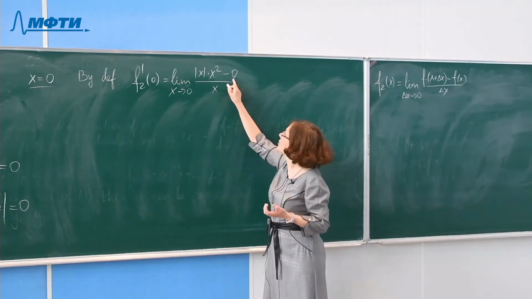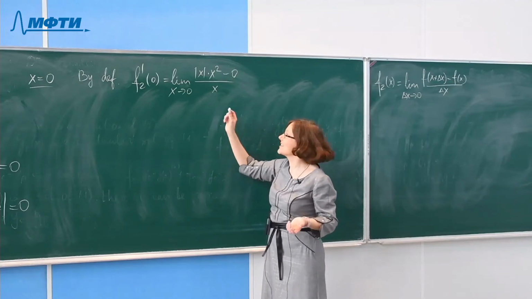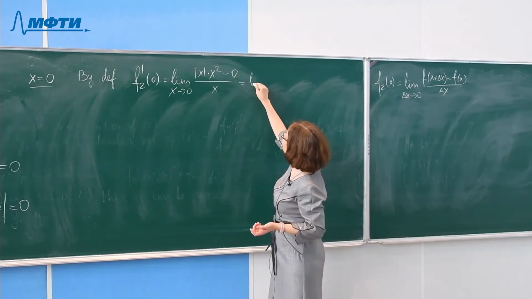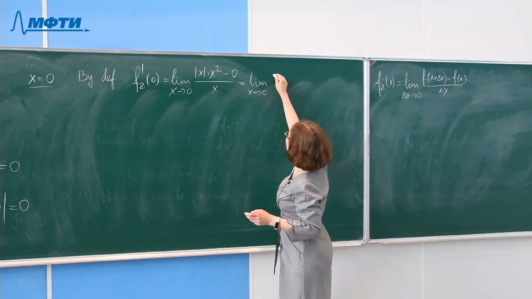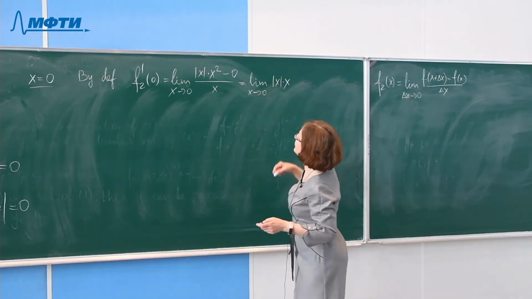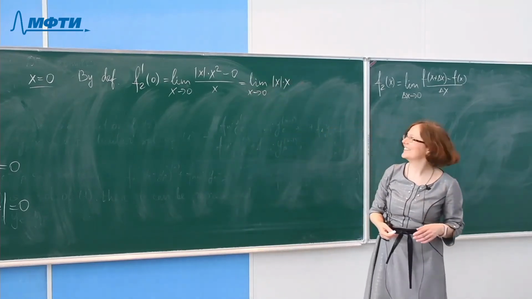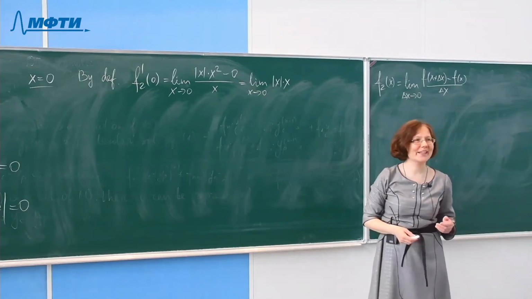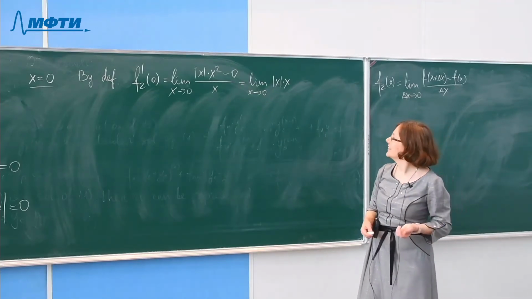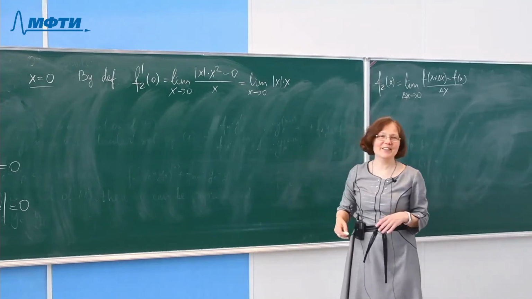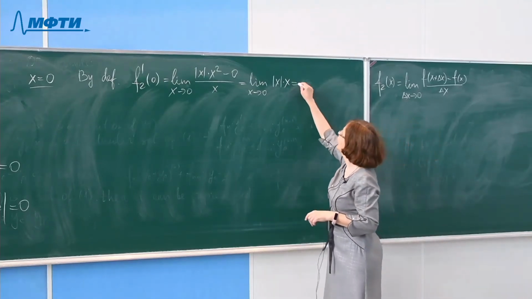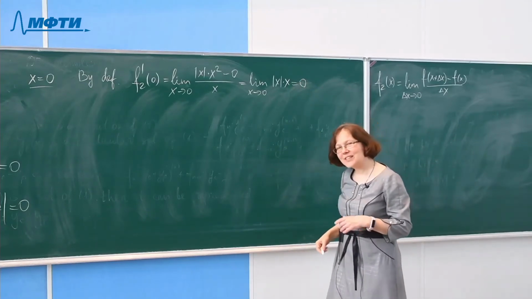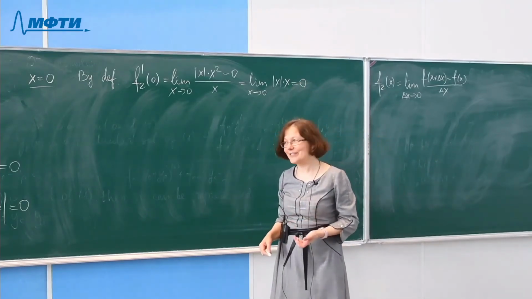Our initial point is 0, so it's this. Let's try to find the limit. It will be equal to the absolute value of x times x. If we divide by x, we will get this. Does it exist? Yeah, it is 0. So this function is differentiable at 0.